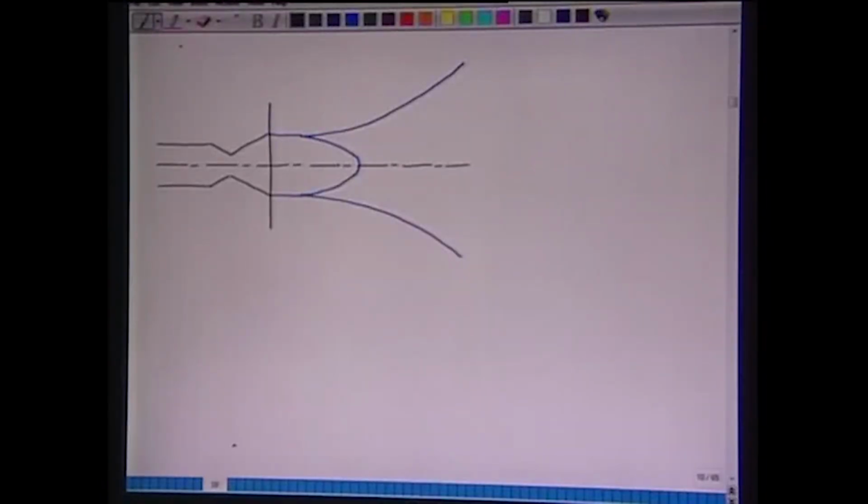Now, a gas exiting the nozzle spreads in the surrounding and is called a free gas jet, as shown in this particular figure. So, this is a free gas jet produced by a supersonic nozzle.